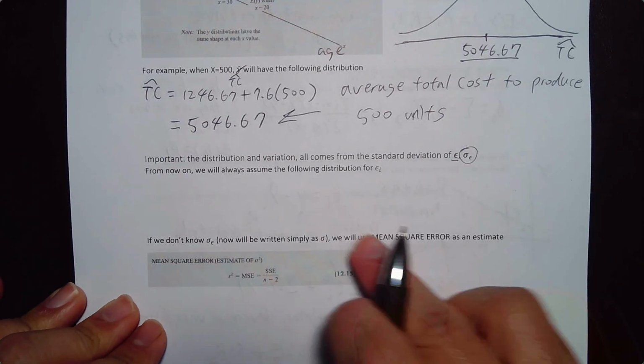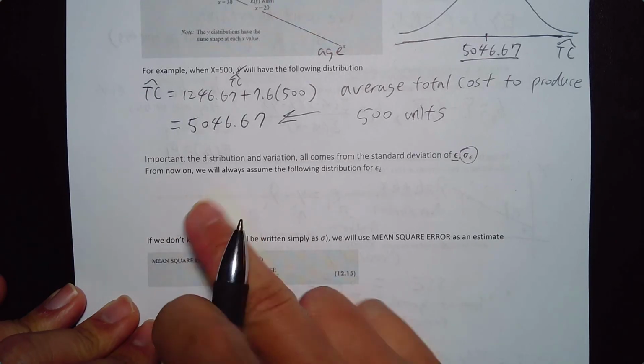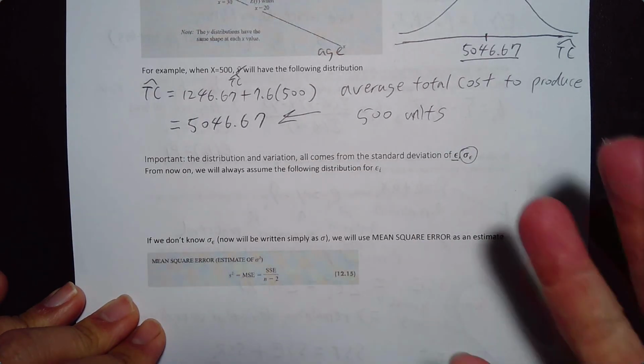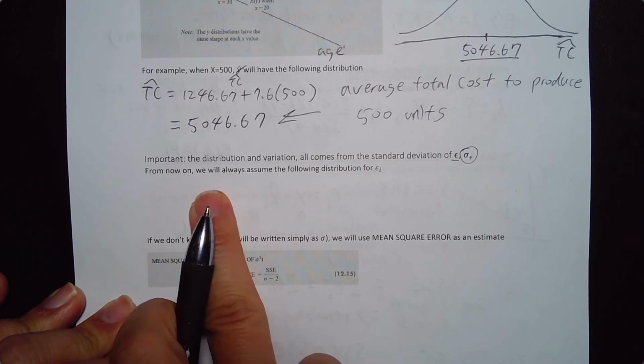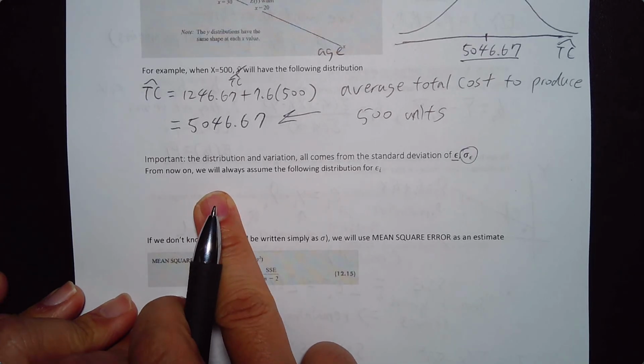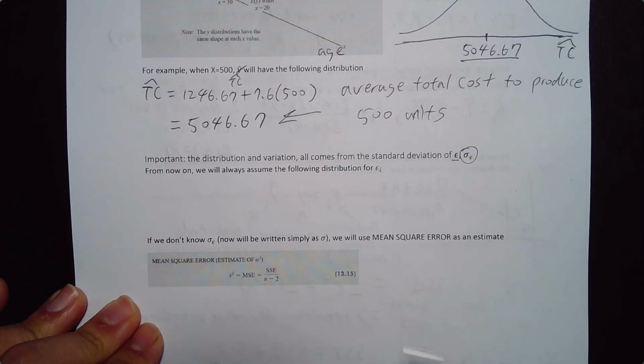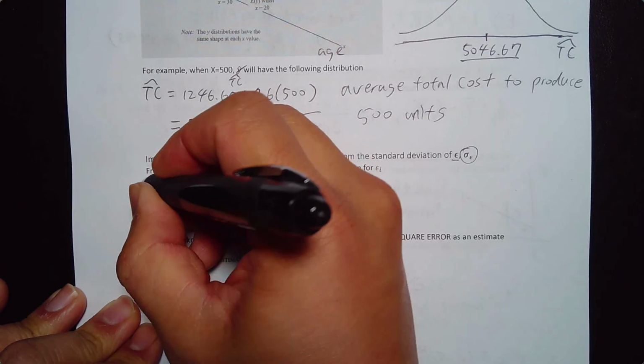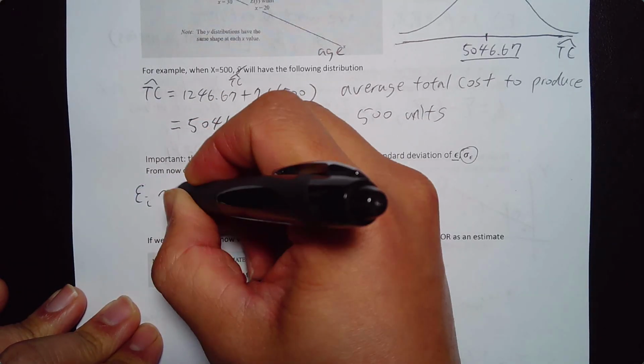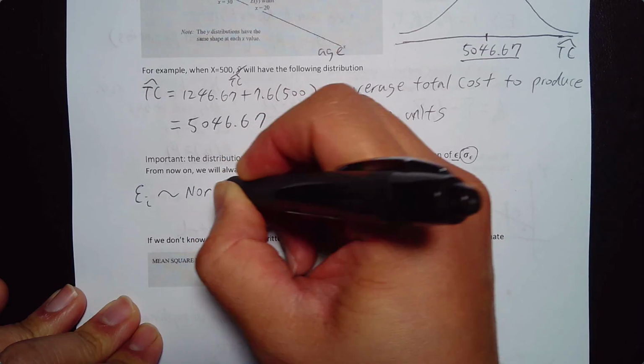Now, we've been making this assumption, but whenever you do simple regression analysis, these are the basic assumptions we make. The assumption is that epsilon i will have a normal distribution.